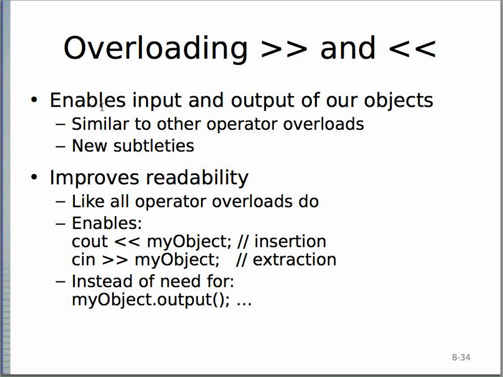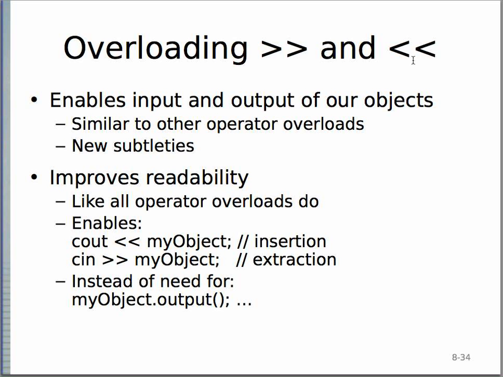Eventually it'll enable input and output of objects. It's a little bit like serialization in Java, for those of you who've seen it. It's a completely different idea in one sense, in that in C++ we use the idea of streams, which are used to extract from a stream or insert into a stream.